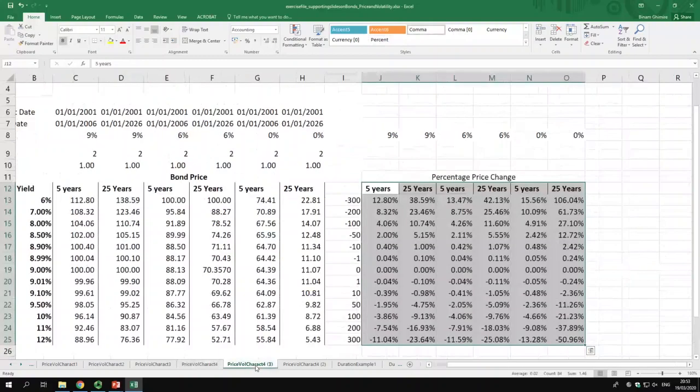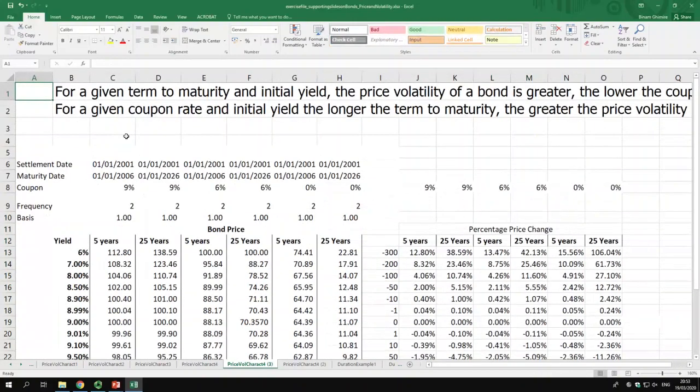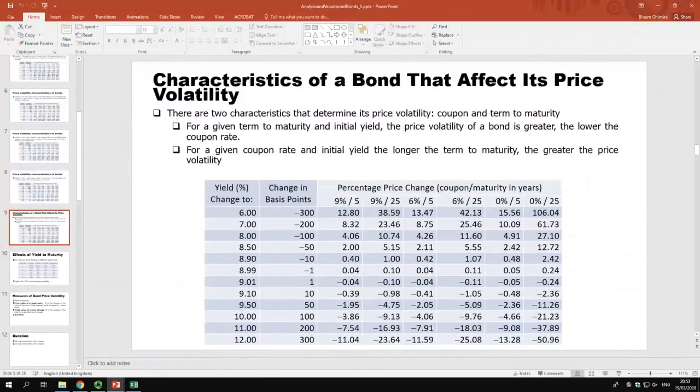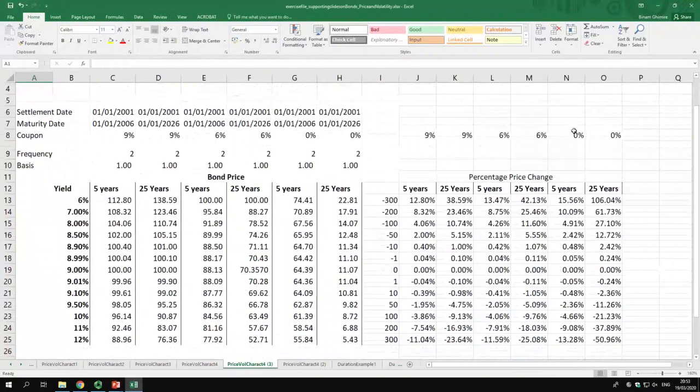Now we move on to understand two important characteristics, which is also available in the slide. For a given term to maturity and initial yield, the price volatility of a bond is greater the lower the coupon rate. So we just need to focus on the coupon rate here. You can see this is lowest, isn't it? 0%.